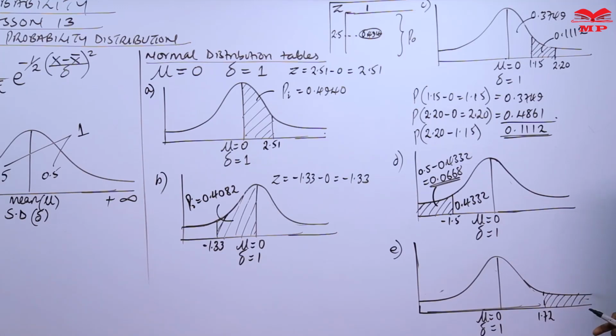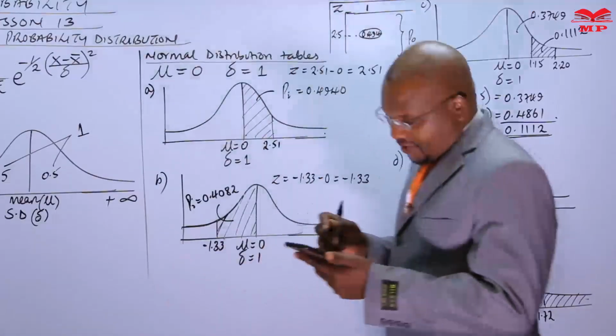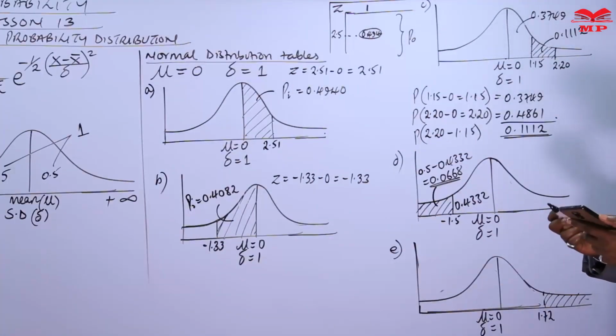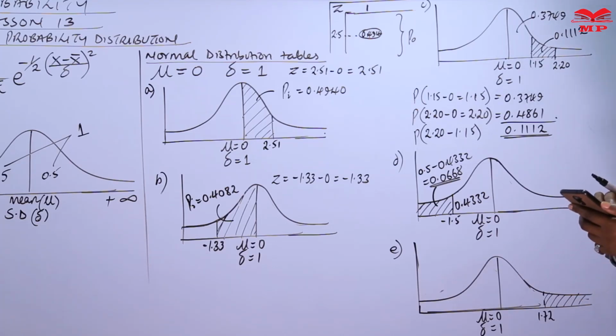Meaning we must first identify this area that is between 0 and 1.72. So if we read this from the table, using the standard normal distributions, which are also available online, 1.72 is 0.4573.